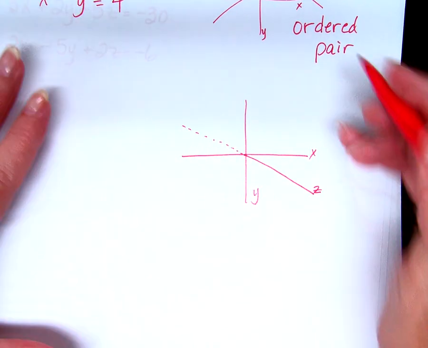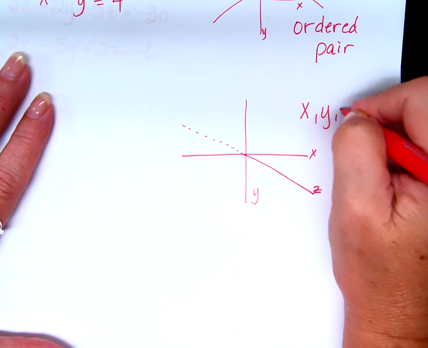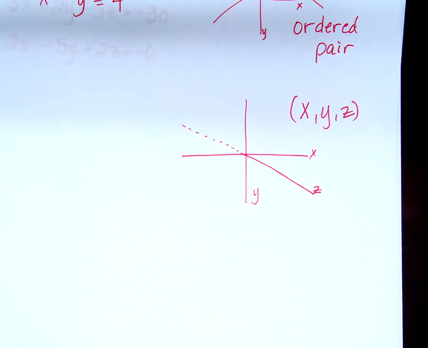X, Y, Z. So what's that called? Alphabetical order. It is, but it has a name. I know you haven't seen it before. That's why I'm teaching it to you today. It's not called an ordered pair.